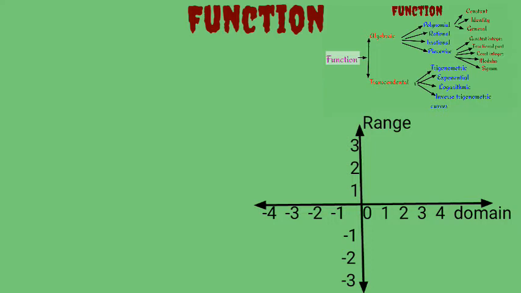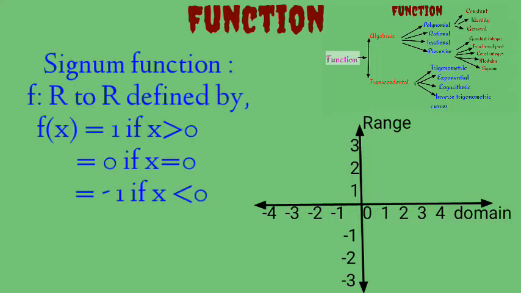And signum function is nothing but the division of the modulus of x by the real value of x. So it is f of x equals 1 if x greater than 0, 0 if x equals 0, and minus 1 if x less than 0.